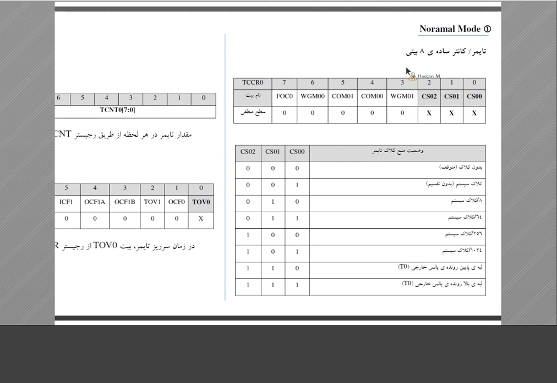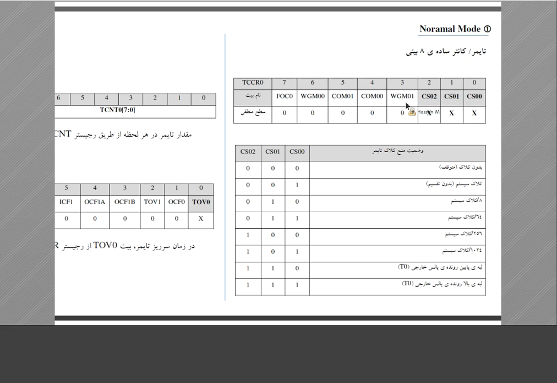That means we are in normal mode, an 8-bit timer counter. This means a simple timer counter, an 8-bit register. In this mode, these 3 bits CS00 to CS02 are clock select.